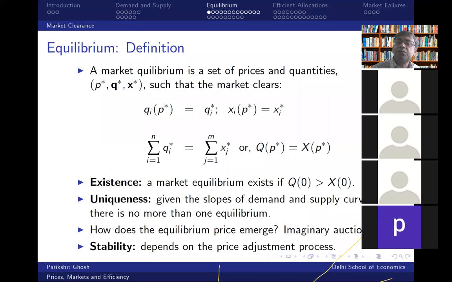In fact, if you look at the standard diagrams that we draw in economics, quantity is put on the horizontal axis and price is on the vertical axis. Now, normally, how do we draw diagrams? We take the independent variable on the x-axis and we put the dependent variable on the y-axis, right? If you're plotting how crop yields are a function of rainfall, rainfall goes on the horizontal axis.